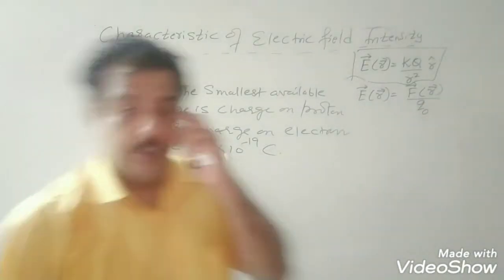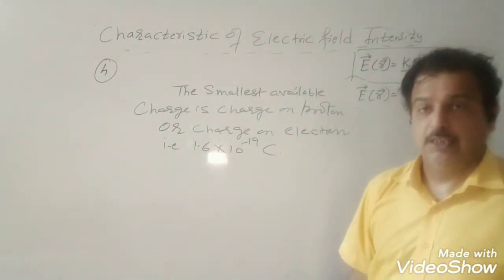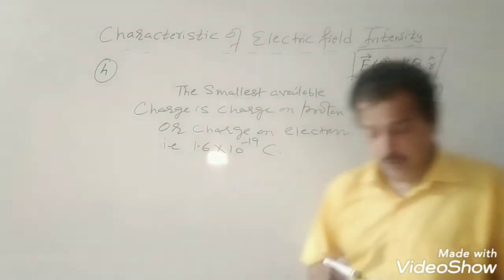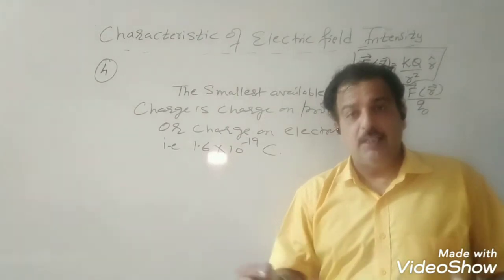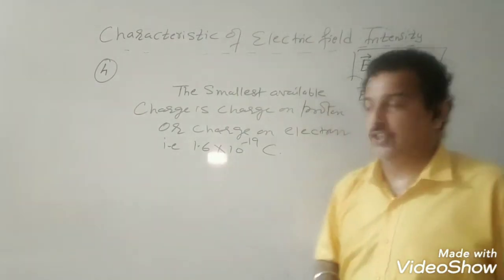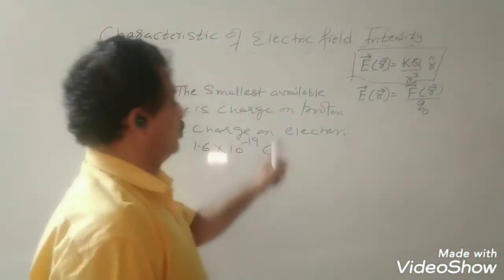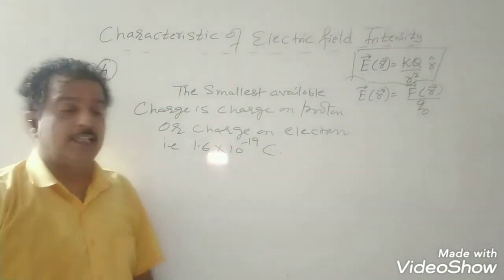So whenever you want to determine the electric field intensity, your test charge should be a unit positive charge. If I say unit positive charge, I mean a proton. You may take one electron also, but by convention, the test charge is generally taken as the charge on a proton, that is 1.6 into 10 raised to minus 19 coulomb.